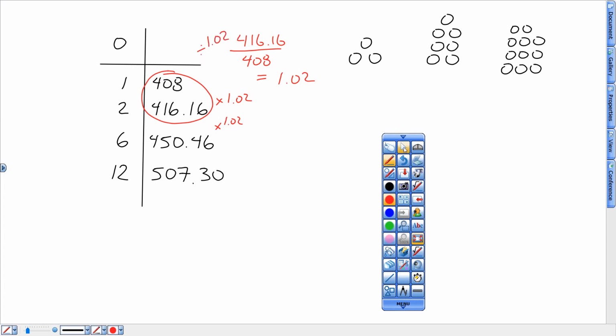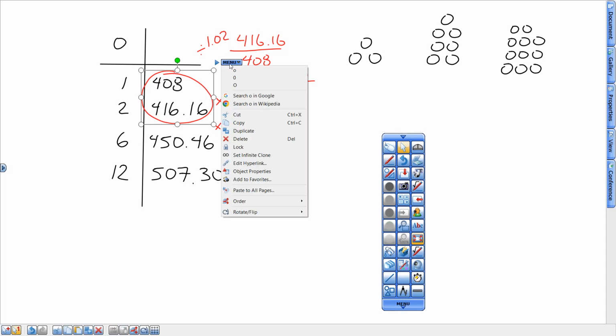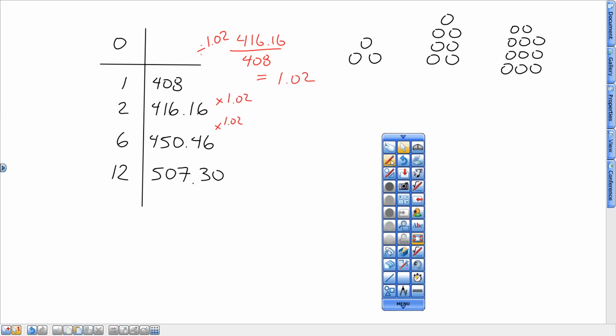And again, what number am I dividing by 1.02? I'm dividing this number right here in my calculator by 1.02, which gives me 400. Nice, neat number.